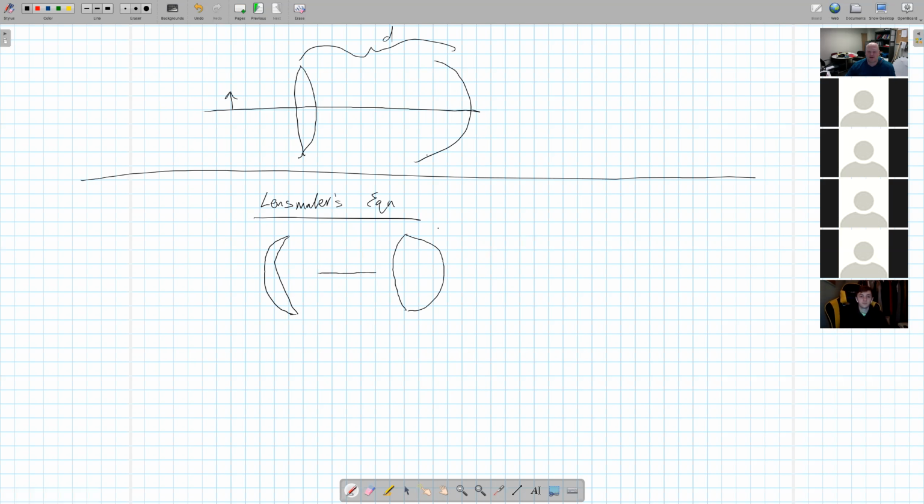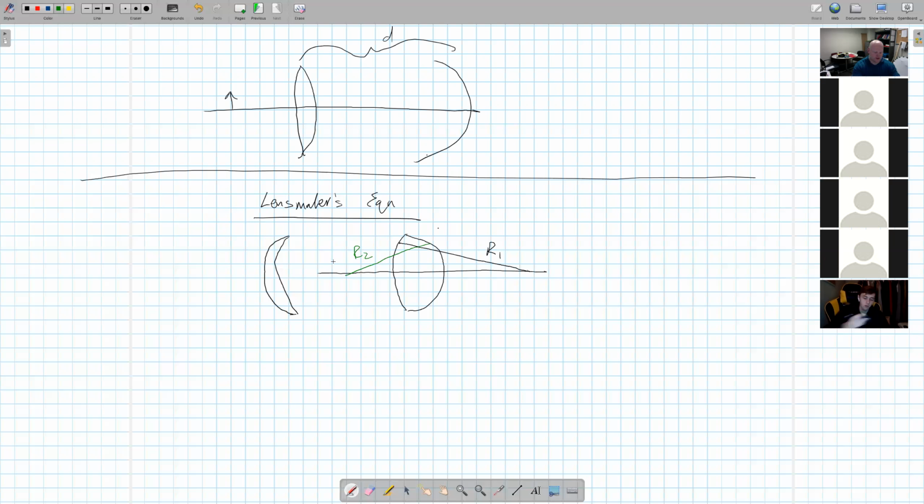So what the Lensmaker's Equation says is the following. Let's call the left-hand side radius 1. This thing's going to have a pretty big radius, so this is going to be R1. And then the one on the right-hand side is going to be radius 2. This one has a smaller radius. Let's call that R2.